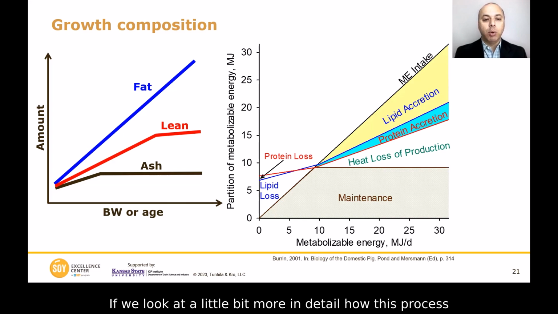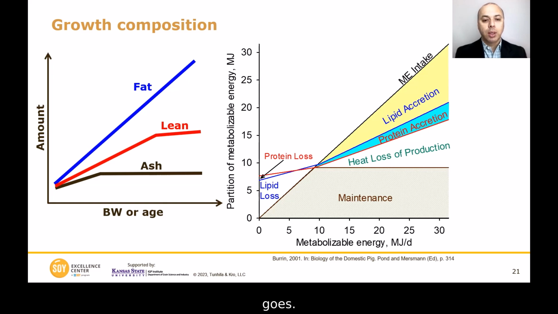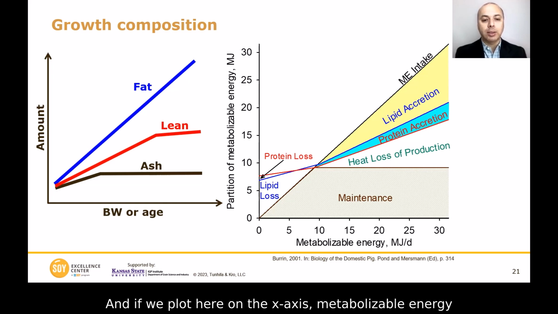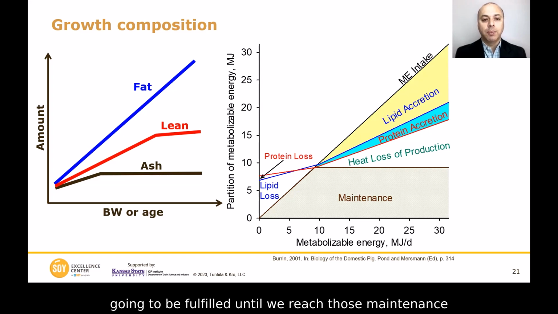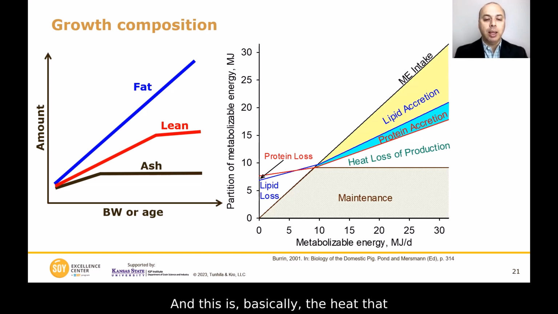If we look in a little more detail at how this process goes, and if we plot metabolizable energy intake on the x-axis, we can see that as energy intake increases, the needs of maintenance are going to be fulfilled until we reach those maintenance requirements. Then the extra energy that is consumed above maintenance is going to be used first for heat loss of production, which is basically the heat generated by a healthy metabolism or metabolic activities.